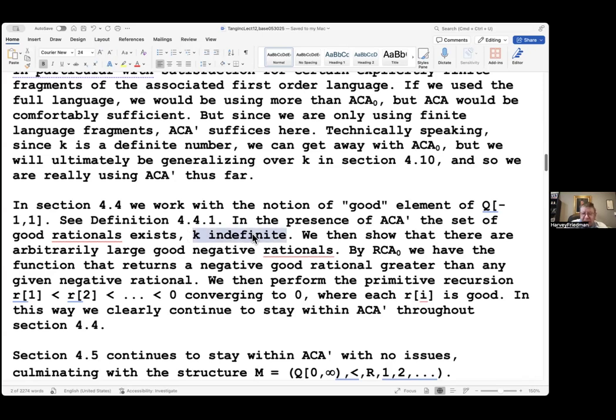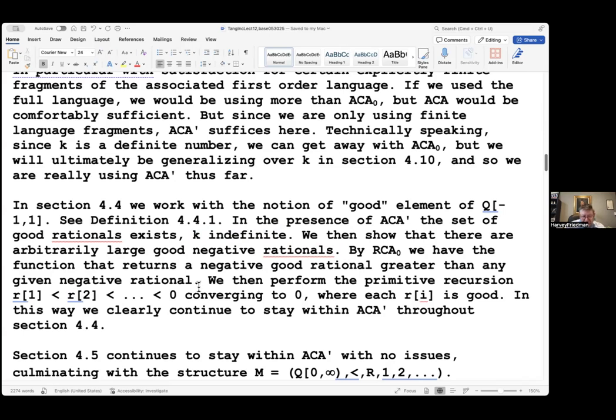So you really need ACA naught for that. And we then show that there are arbitrarily large good negative rationals, if you recall. And by RCA naught, we have the function that returns a negative good rational greater than any given rational.